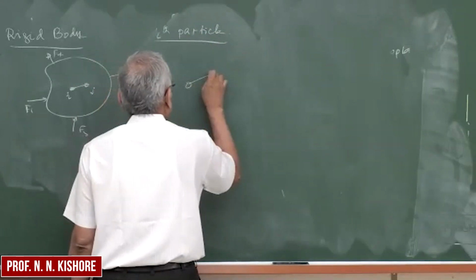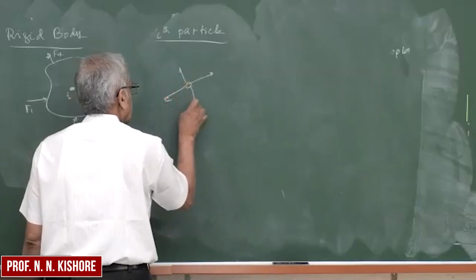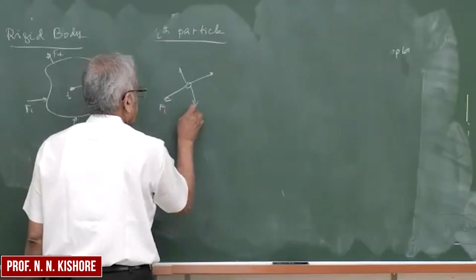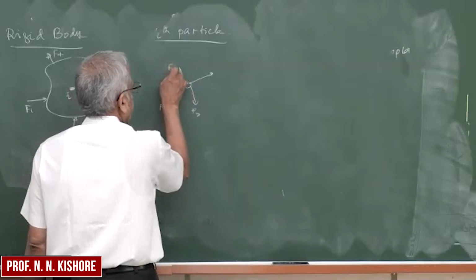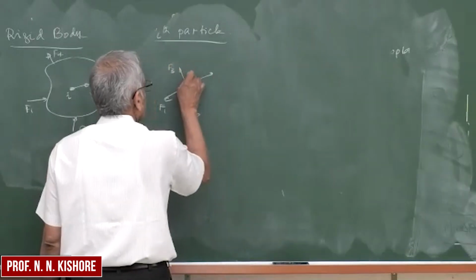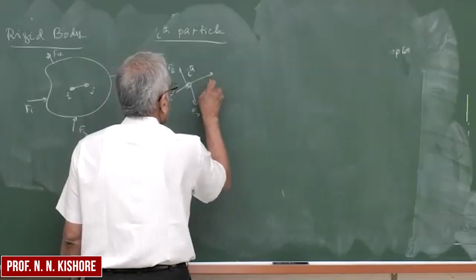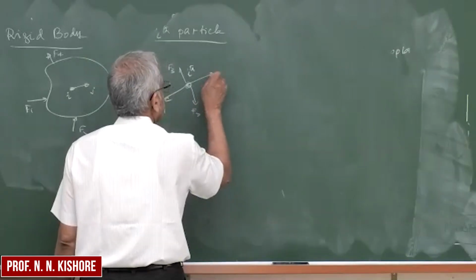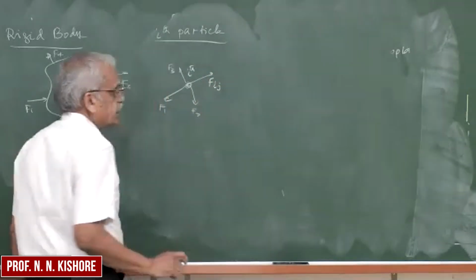So what we have here, F1, F2, F3, and this is Fij.